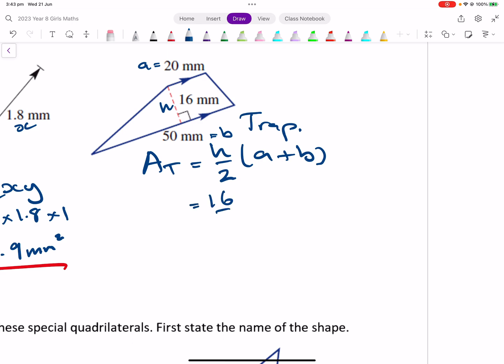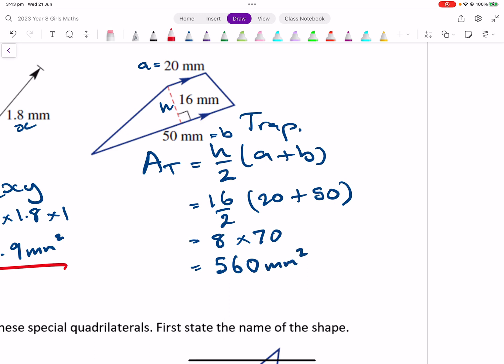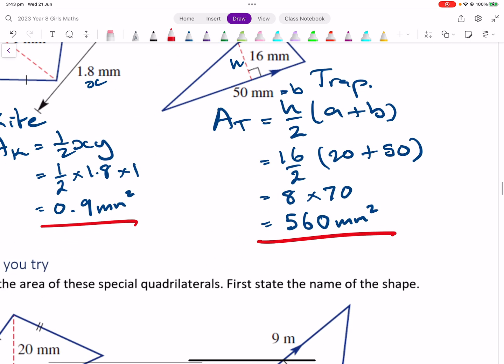Equals 16 on 2 times 20 plus 50, which is 8 times 70. Well, I know 8 times 7 is 56, so 8 times 70 must be 560 millimeters squared, because we measure area in squares.